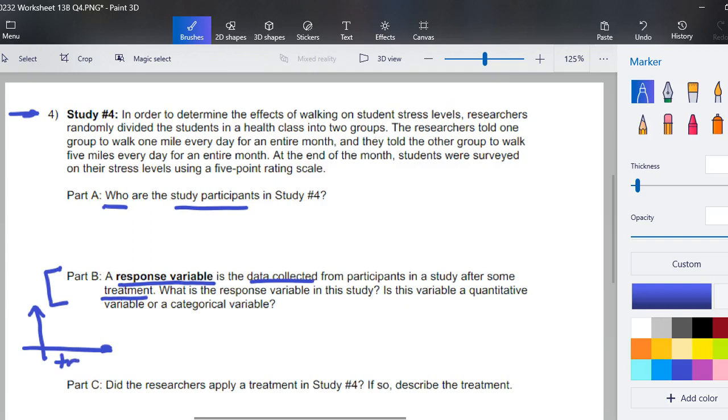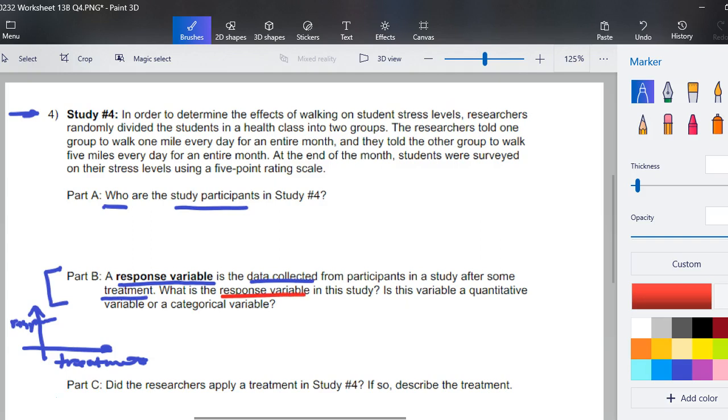Down here, I'm going to put treatment variable, and over here, I'm going to put response variable. We've talked about independent and dependent. So treatment is independent, but the response is dependent on the treatment. And so the way they're asking this is, what is the response variable in this study?